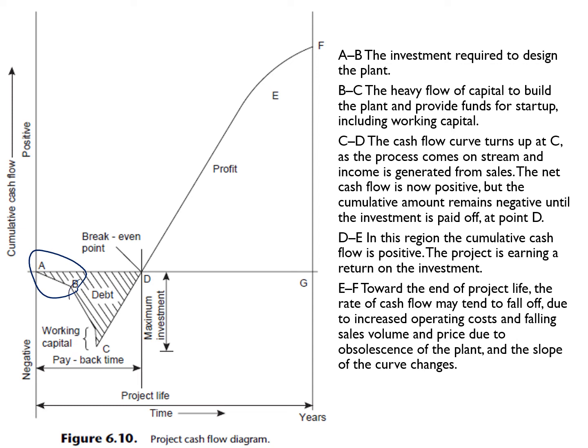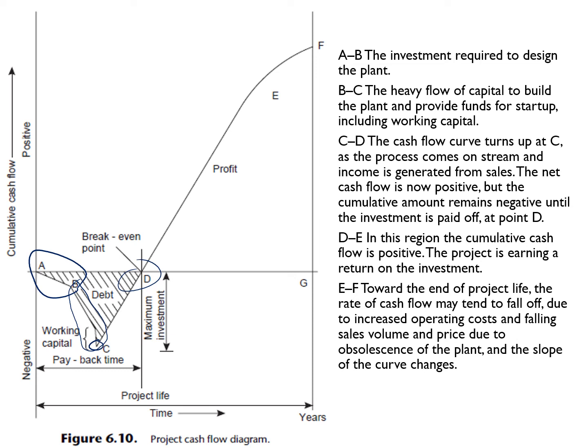From B to C, we will use the cash for the fixed capital, which is on construction and installing equipment, and then we also need to use cash to buy working capital like raw material and services. From C to D, we start to earn the cash for our company.